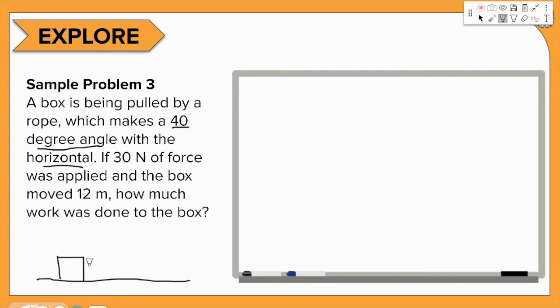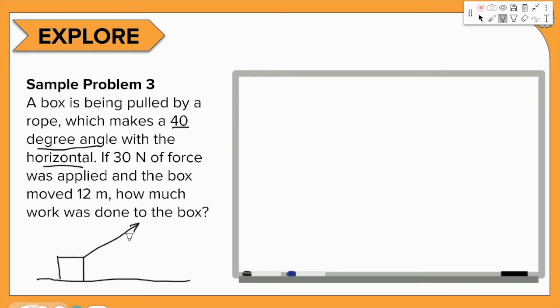So just imagine that there's a rope attached to the box, and then it's being pulled. Take note of how I drew the arrowhead. The arrowhead is not going towards the box, but outward.